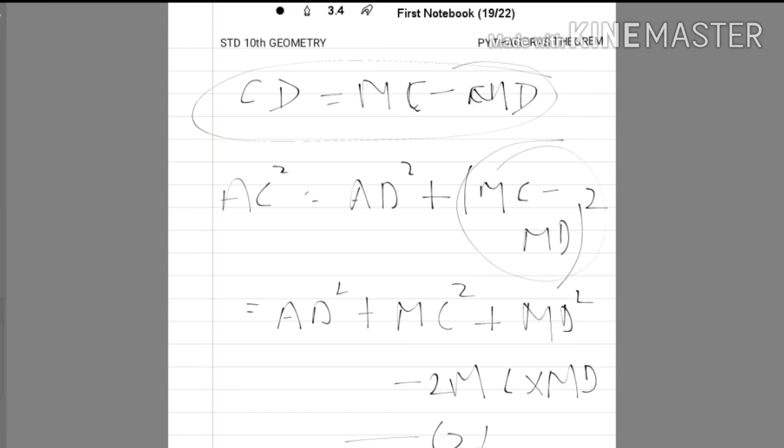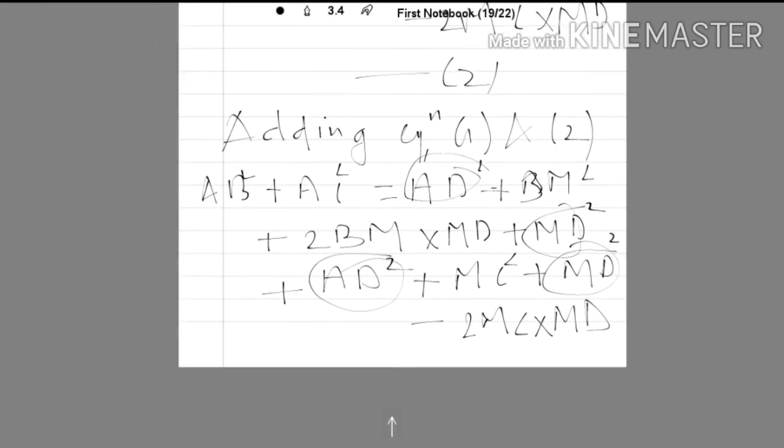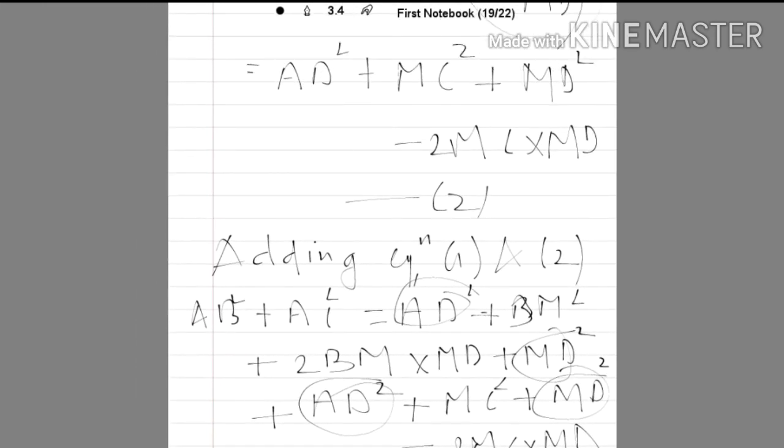Next, in this we can just substitute MC square by BM square. Why?